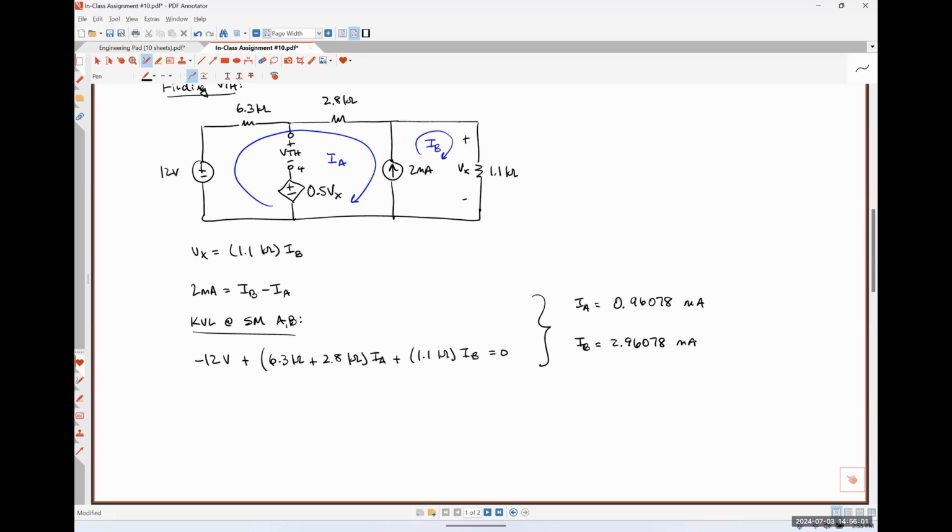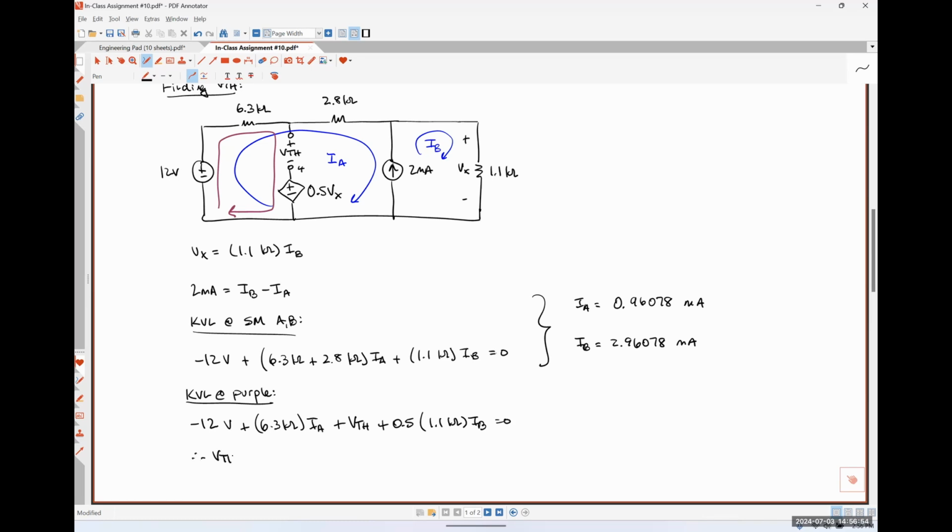So now solving for VTH, if I were to do a KVL around this purple path here, I would have negative 12 volts plus 6.3 kilo ohms times IA plus VTH plus 0.5 Vx, where we know Vx is 1.1 kilo ohms times IB, is equal to 0.